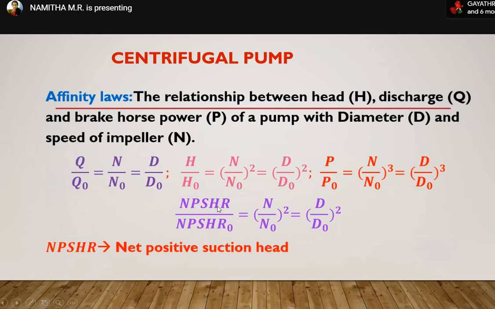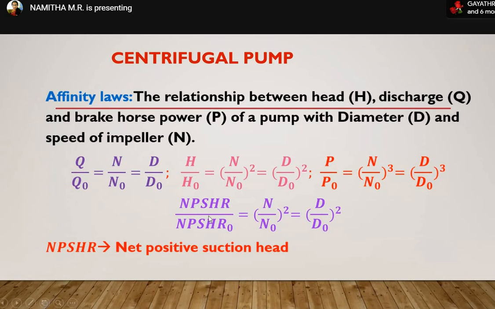Another term is also there, net positive suction head. It is the head that has to be there at the bottom or suction side. Water has to be sucked into the pump, so there is a need for some pressure at that point. That pressure is known as net positive suction head. You may have seen that for sucking the water into the pump in our wells, we place foot valves.